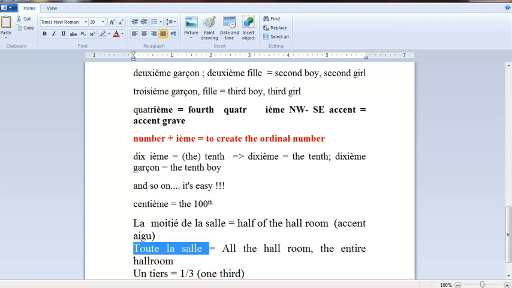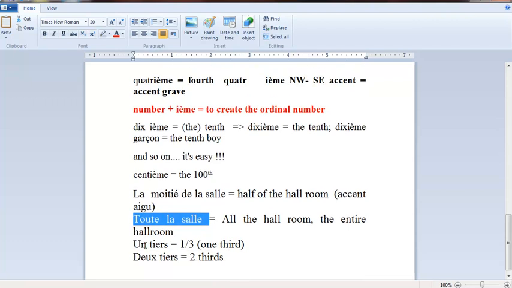It means all, the whole room, the entire whole room. Entier. Un tiers, it means 1/3. Deux tiers, it means 2/3.